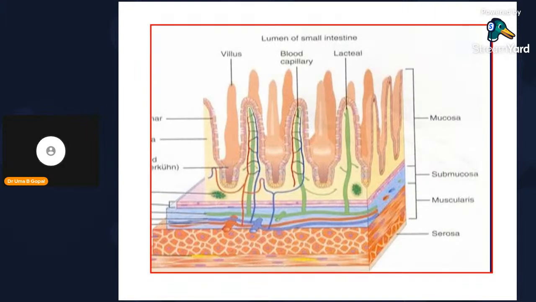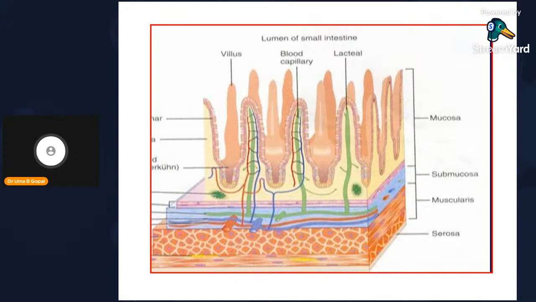This will be the intestinal villi, histological structure made up of columnar epithelium derived out of endoderm and small aperture. You can see it extends deep to the submucosa. This is called as the crypts of Lieberkühn.